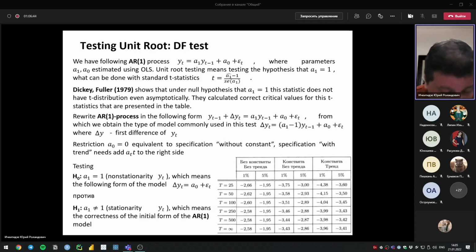A version with a constant and trend includes model specifications with at multiplied by t added. at is a trend factor and t is linear time. Constant and trend testing is widely used to test so-called trend-stationary models as an alternative.